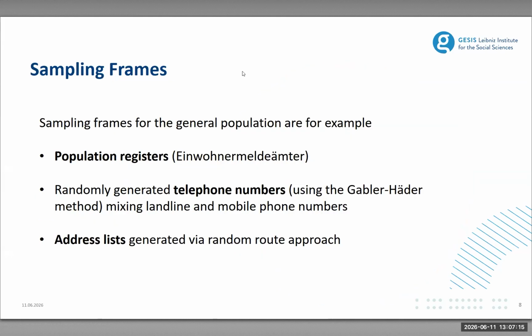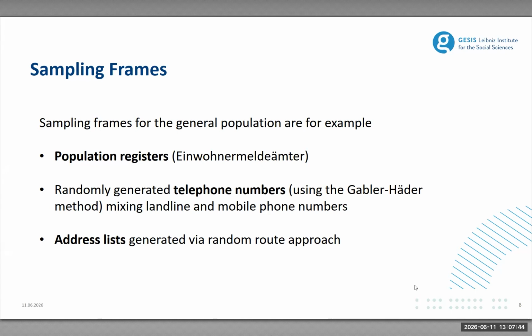So examples for sampling frames, as I already mentioned, would be the population registers, like the Einwohnermeldeämter in Germany. But there also could be a list of telephone numbers, so we don't have to have addresses. We can use telephone numbers, and we have lists here using two frames, landline and mobile phone numbers, and we can randomly select telephone numbers from these lists.